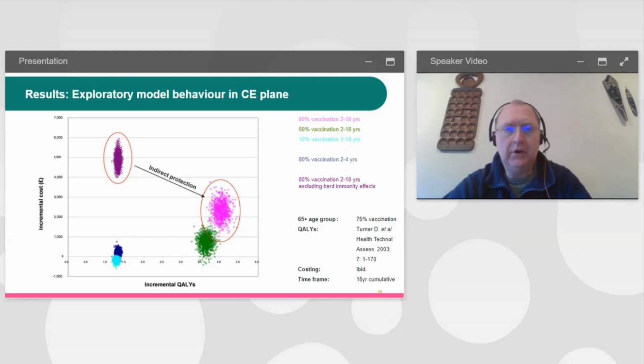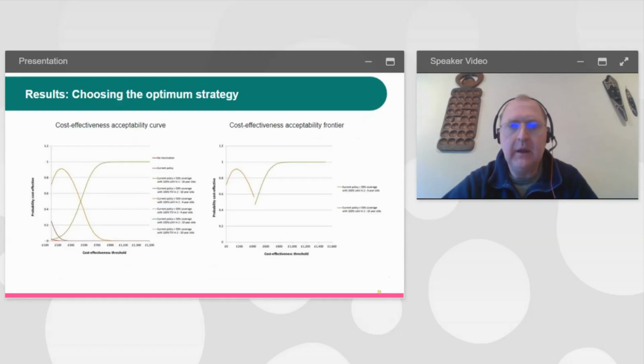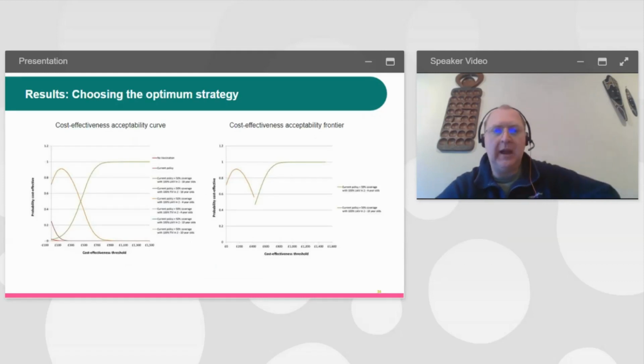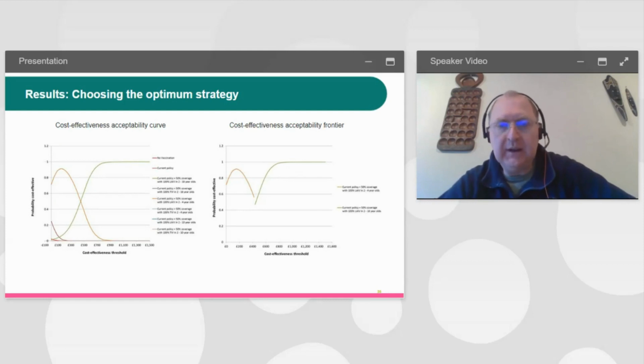We can also take this analysis, taking account of all of the variation that is in there, so the spread of all of these estimates of cost per QALY in each scenario, and look at the probability of each scenario being cost effective at a particular cost effectiveness threshold.